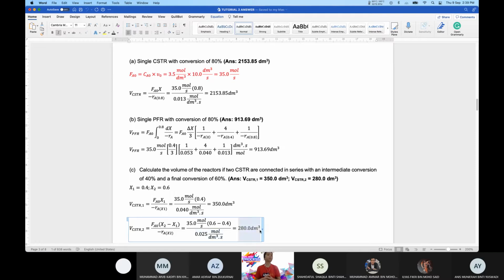So apa maksud dia? Maksud dia, if I have two CSTR in series, for the first reactor, katakan saya nak capai conversion 40%, my reactor must be at least 350 dm³. Okay. Then, let's say I nak sambung kepada second reactor where the conversion is 60%, the second reactor volume dia must be at least 280 dm³. So, done for part C.